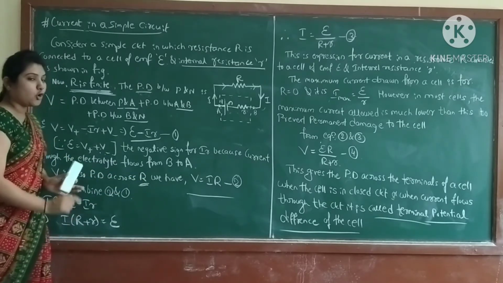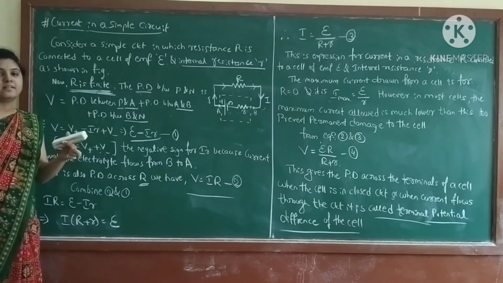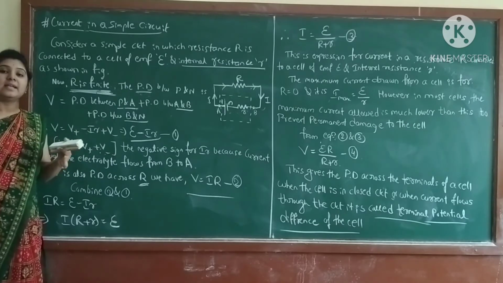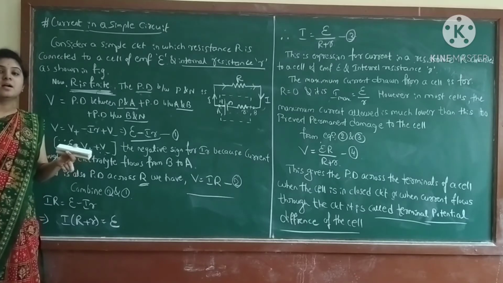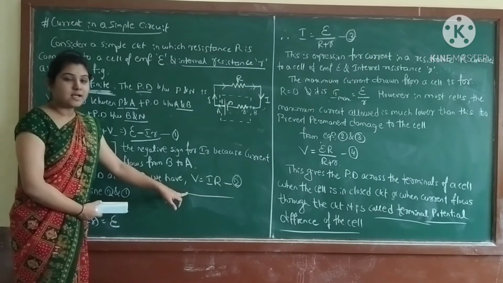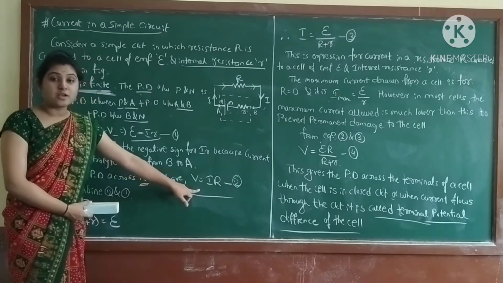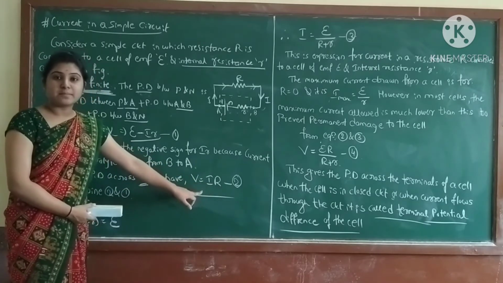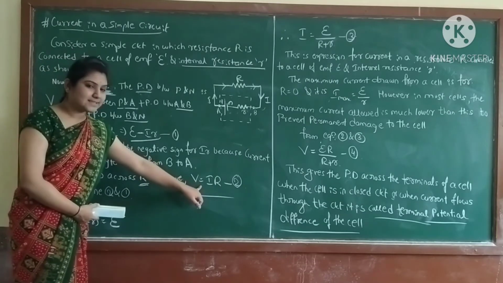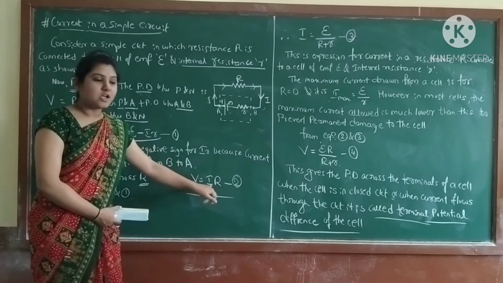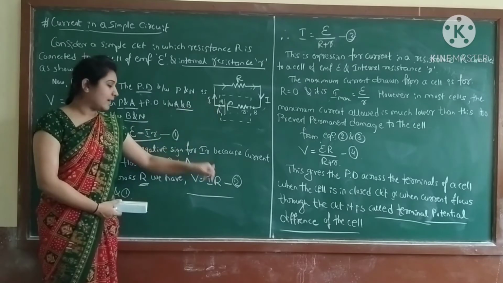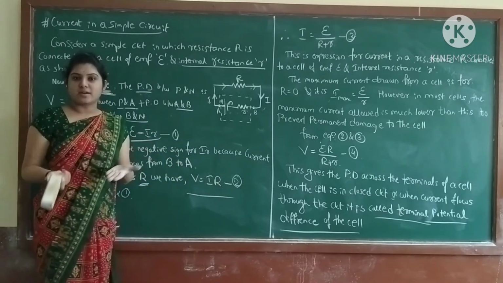Don't confuse the small r and the capital R. Small r is the internal resistance and capital R is the external resistance. Then the potential difference is how much? V is equal to IR, just remember Ohm's law. So V is equal to I into R. V is the potential difference in this circuit, I is the current and R is the external resistance.